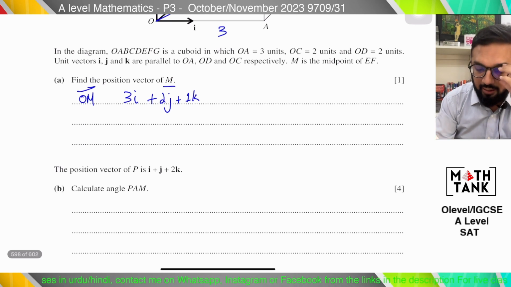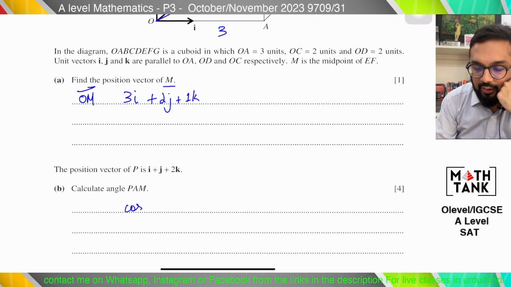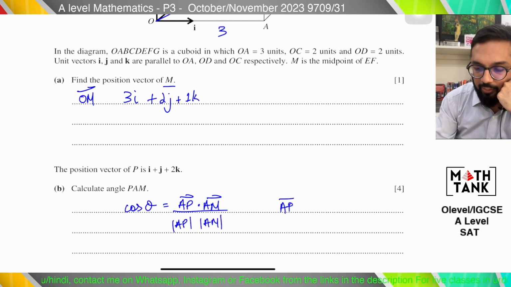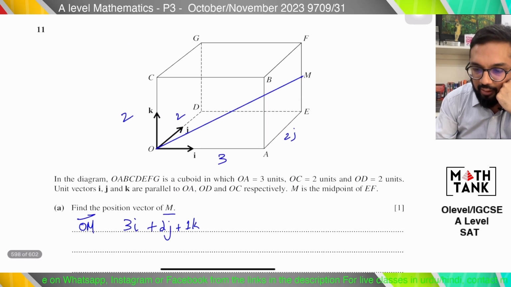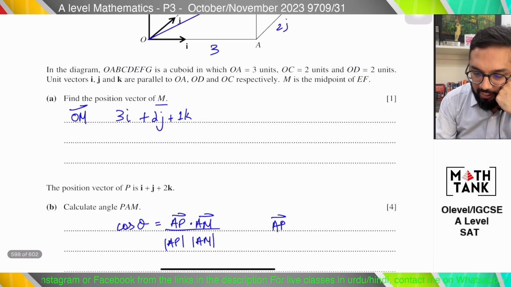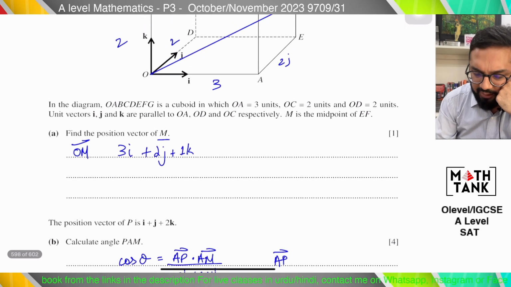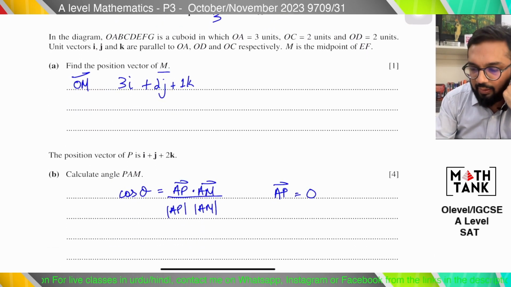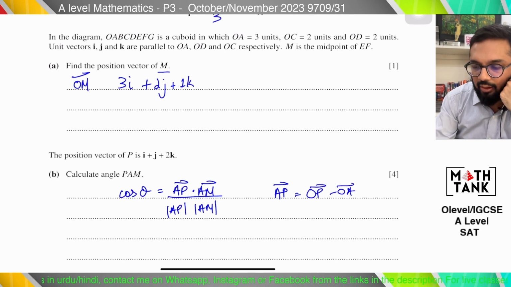Calculate angle PAM. So cos theta equals AP dot AM divided by mod of AP and mod of AM. Do I have AP and AM? No, I don't. Let's see if I can go from A to P. P isn't plotted here, I just have OP, so I'm going to use OP minus OA.